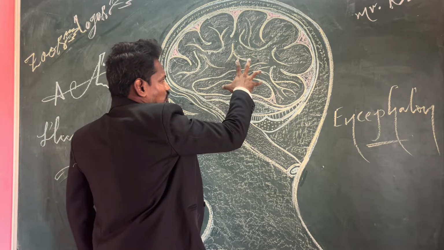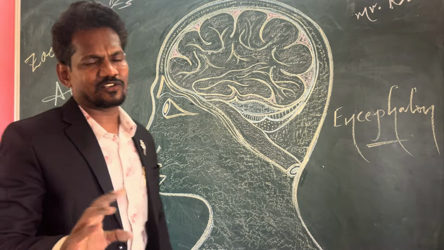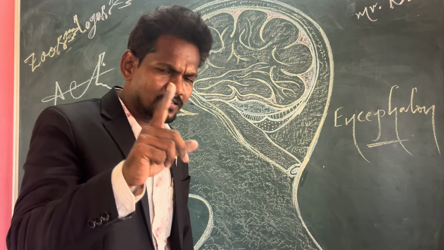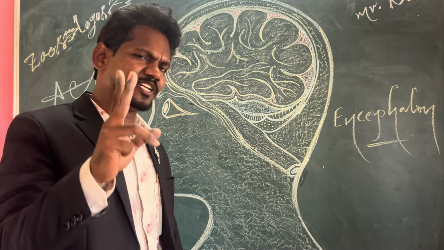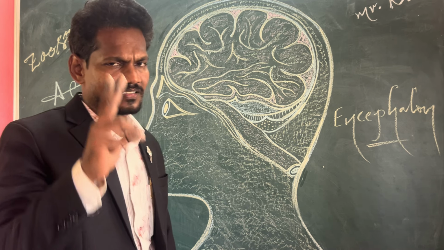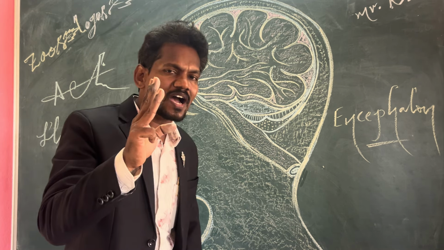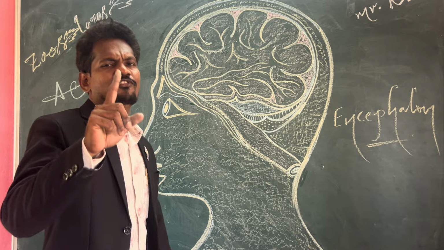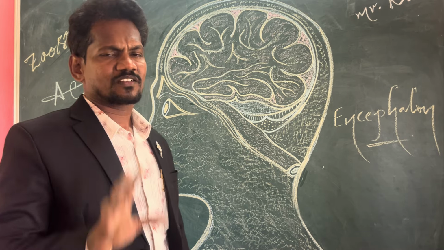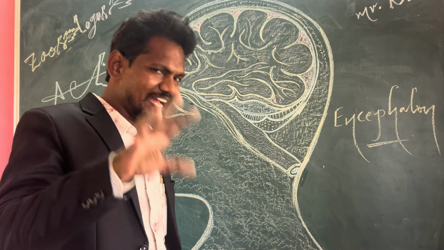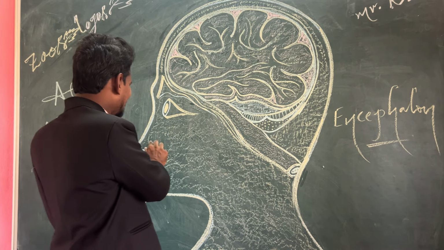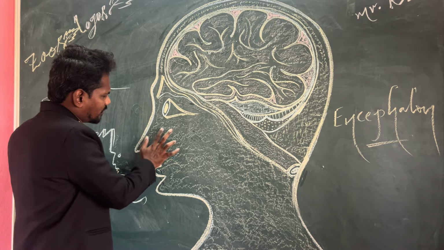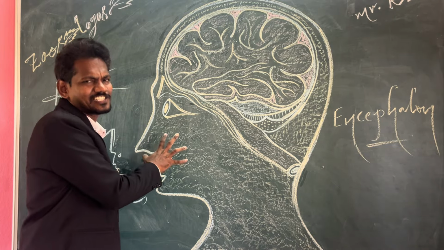Then coming to the remaining structure. Basically, the entire human brain is subdivided into three regions: forebrain or prosencephalon, midbrain or mesencephalon, and hindbrain or rhombencephalon. Among these three regions, the forebrain is the largest one. The forebrain has the olfactory lobe, which senses smell.